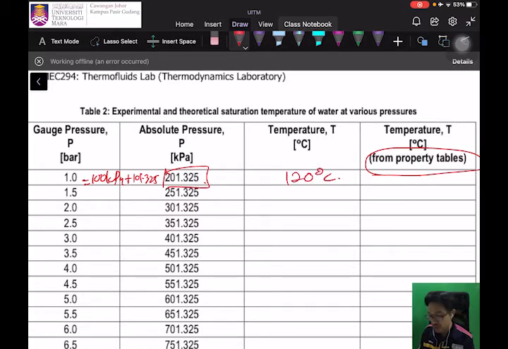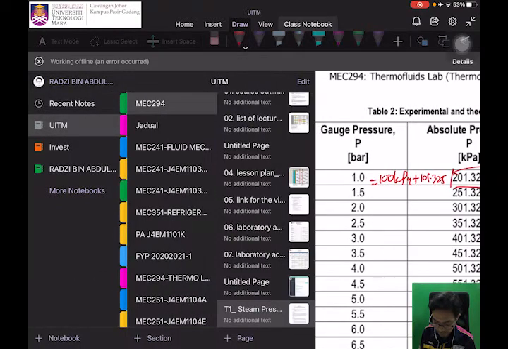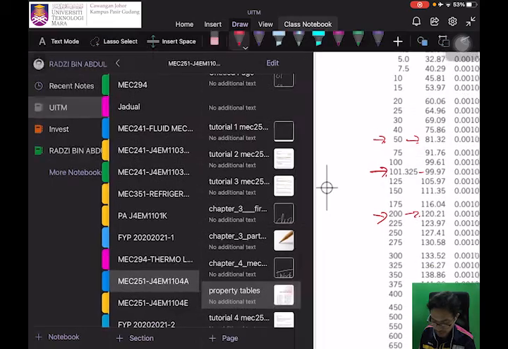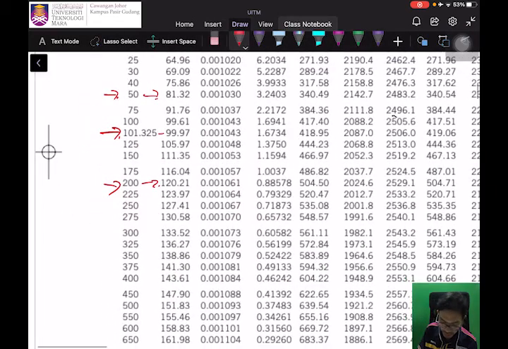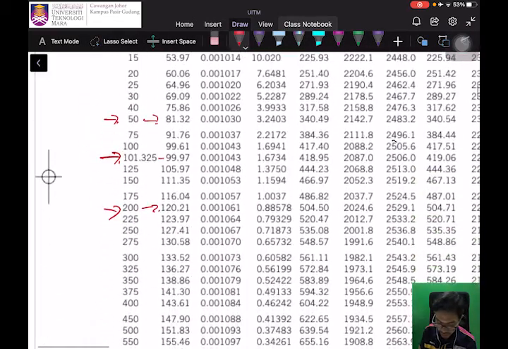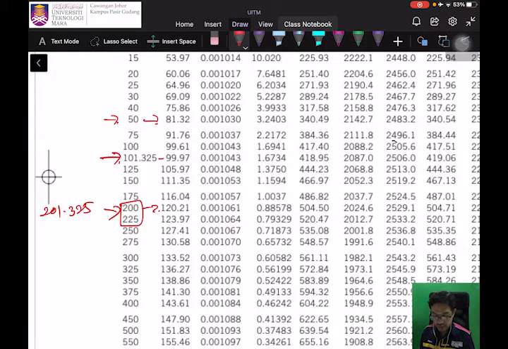So what is the value from the property table? We need to check back the value from the steam table or property tables for 201.325 kPa. Here, if you look at the first column, there is 200 kPa and also 225 kPa. Our value that you want is 201.325 kPa, but we do not have this in the steam table.